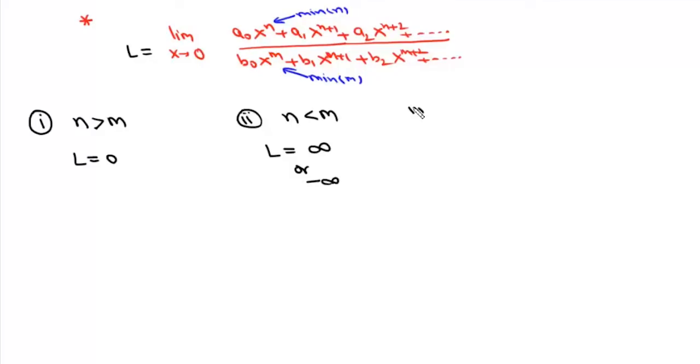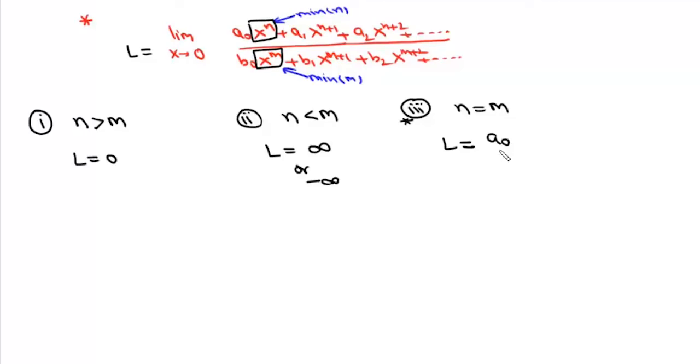And then we have the third and most important case, when the minimum power of x in the numerator is the same as the minimum power of x in the denominator, that is if n equals m, then in that case the value of this limit is the ratio of the coefficients of x to the power m in the numerator and denominator.